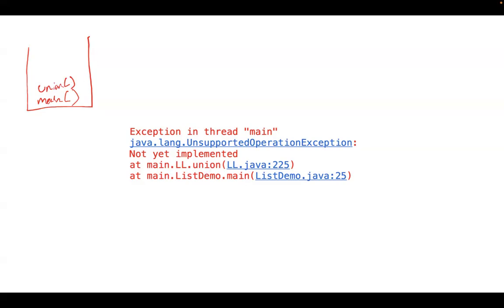And so what happens when we run a program, things get added to the stack and removed from the stack as they finish. So if in my main, I call function 1, function 2, which calls function 3, and then I call function 4.